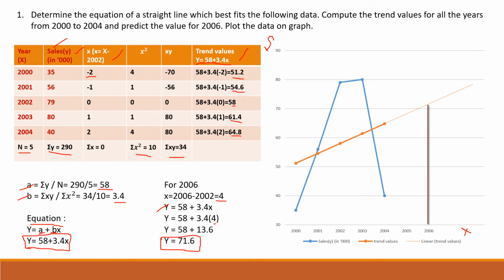Then a line has to be drawn vertically and horizontally. It will touch the y-axis, that is the value for the year 2006. By the graph also we can find out the estimated figure. Therefore the estimated sales for the year 2006 is rupees 71,600. This is the method of least square.